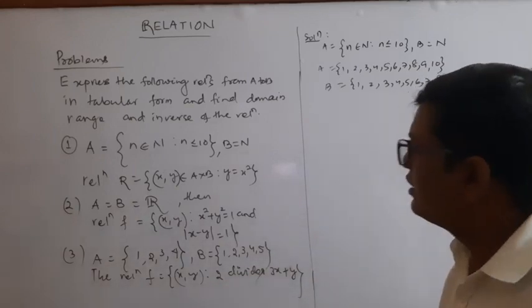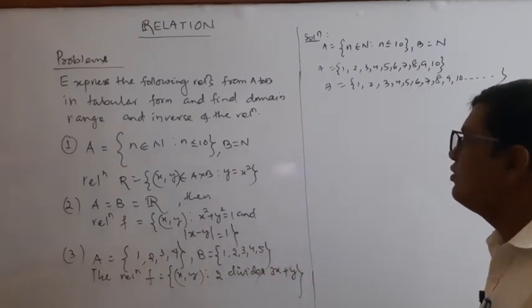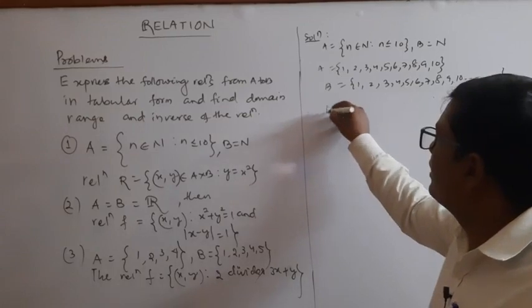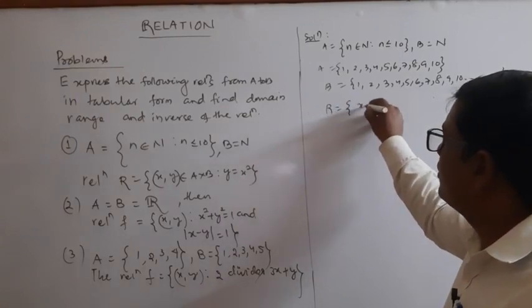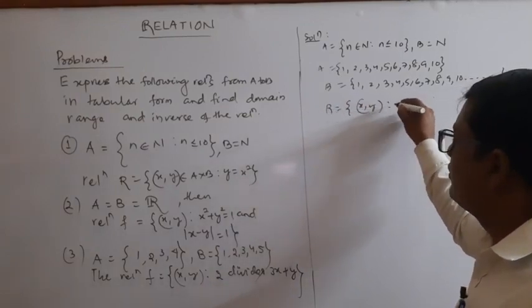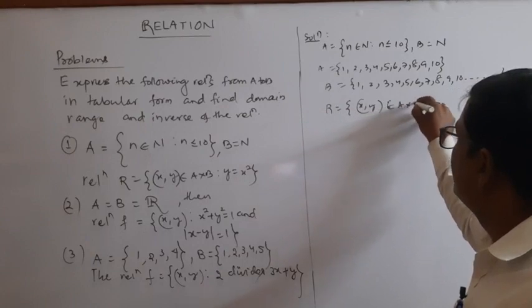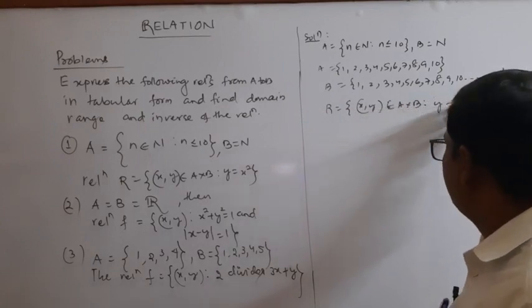The relation R is such that y is equal to x square, and R is equal to (x, y) belongs to A cross B such that y is equal to x square.